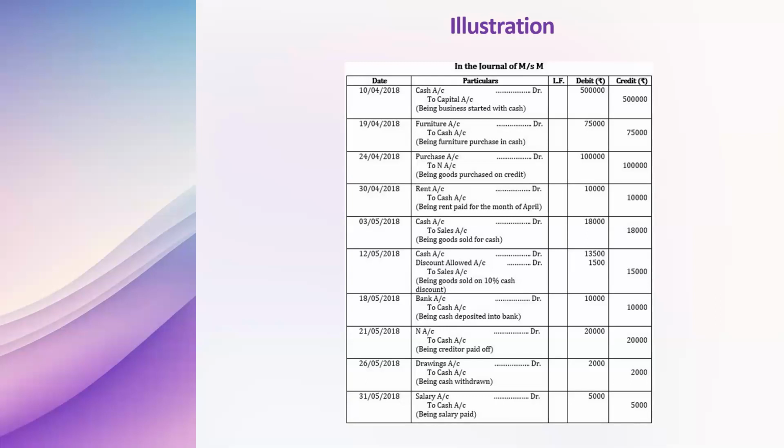Now no company does any physical documentation. So the ledger, the final accounts, how to prepare the profit and loss account, the balance sheet, the trial balance, everything you're studying here is for the exam purpose. So understand the concept and try to work out all the illustrations and problems.